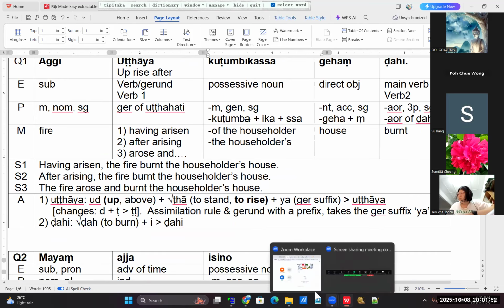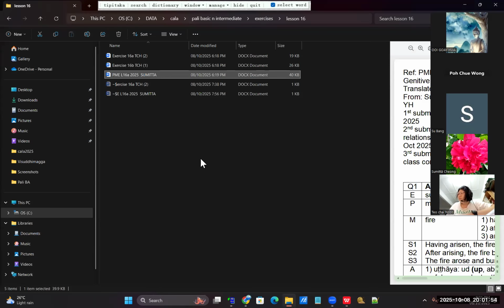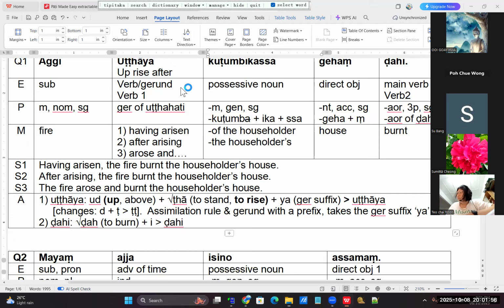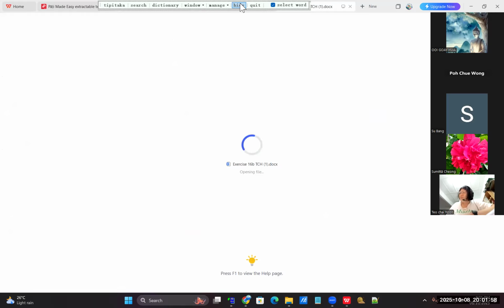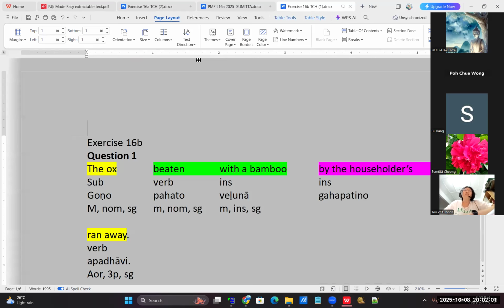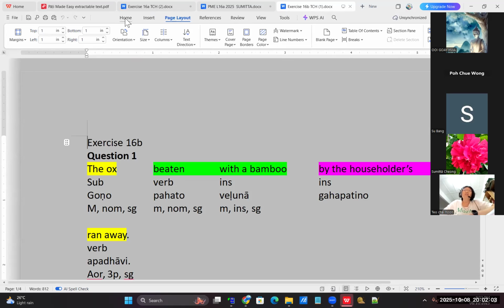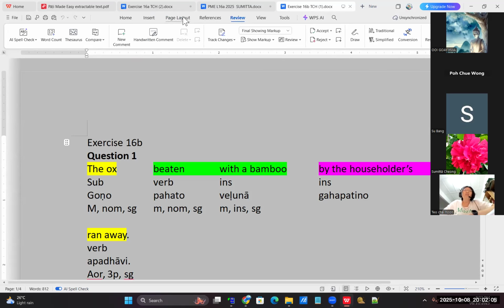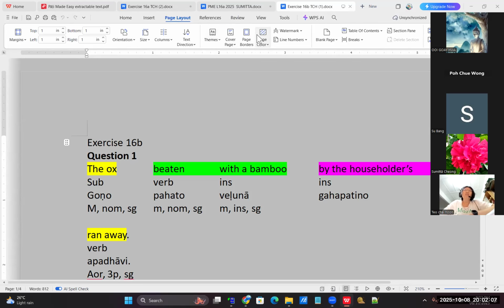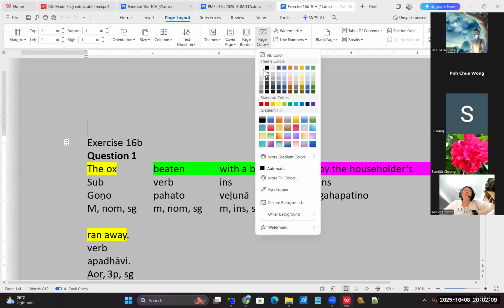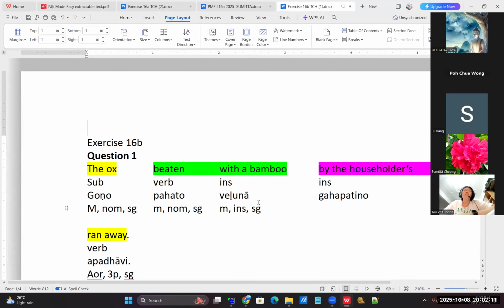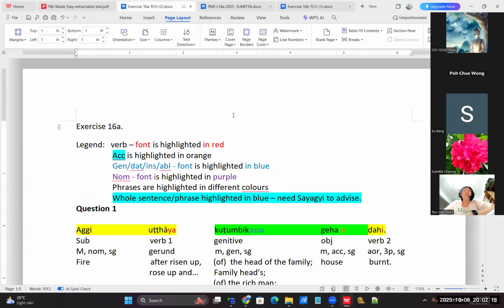Now, since both of you did the homework, just have a look at Chai Hun's one.